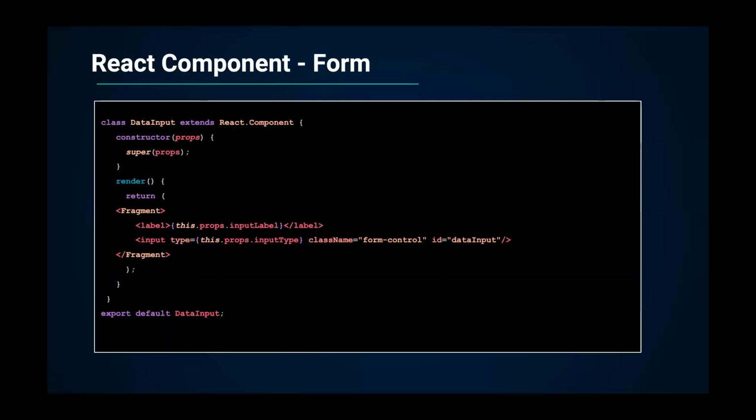It has a fragment, which is React's way of letting you have no div inside. It takes a label, which has no attributes tied to it, and an input with the attributes type, class name, and ID. So it's just a simple label and input combination for the page. And this scenario is one that I've lived through myself, working with multiple people going through different React applications. These are real world examples.